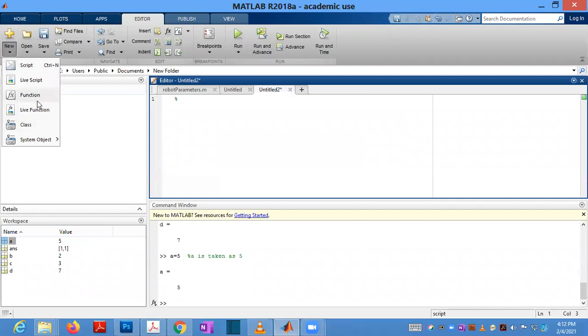There is also a live function and the normal function. A function also creates a .m file. Functions come in a later part. The script file is something you want to save: A is 5 and B, these commands we have written here. If you close MATLAB, it will vanish.